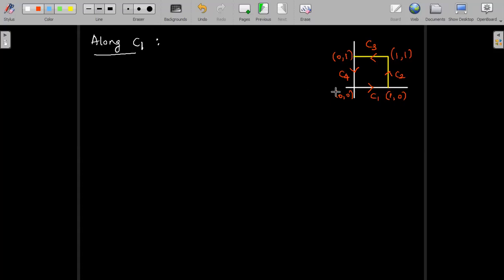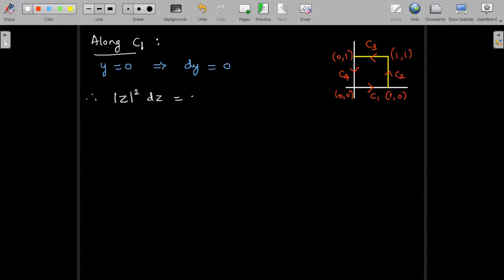So I am looking into this line segment C1. So along C1, the equation of the line C1 is y is equal to 0. If y is 0, differentiation is also 0. Then what happens to mod z square dz, which is a function, no? So what was mod z square dz? x square plus y square.